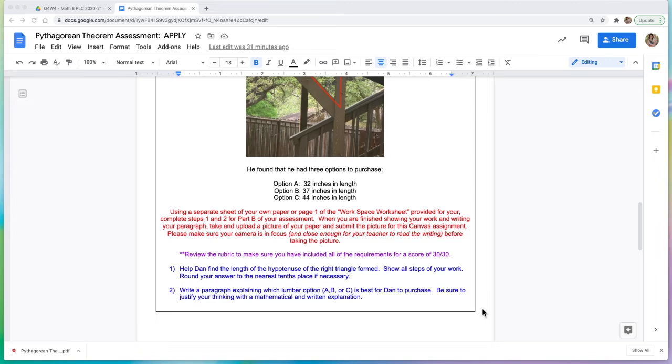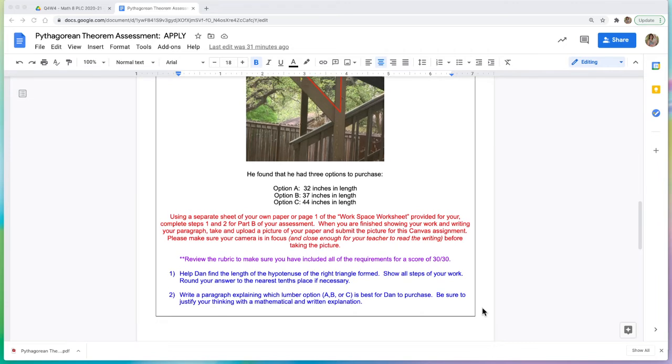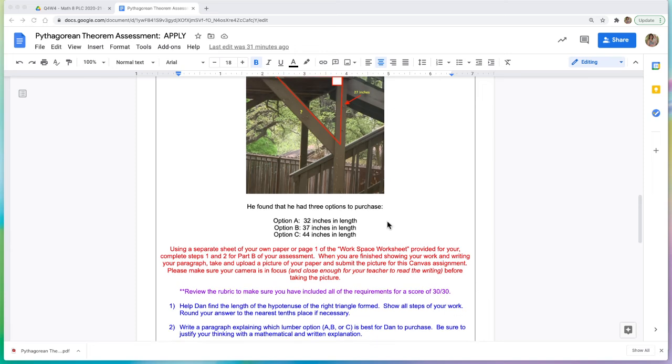So step one, you're going to help Dan find the length of the hypotenuse of this right triangle that's formed and show your work. If necessary, round your answer to the nearest tenths place. Step two, write a paragraph. Paragraph means at least 3 to 5 sentences, explaining which lumber option, A, B, or C, is best for Dan to purchase.